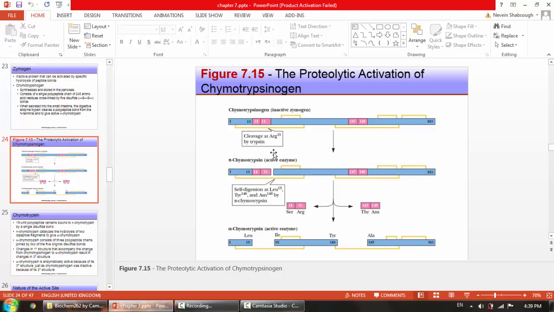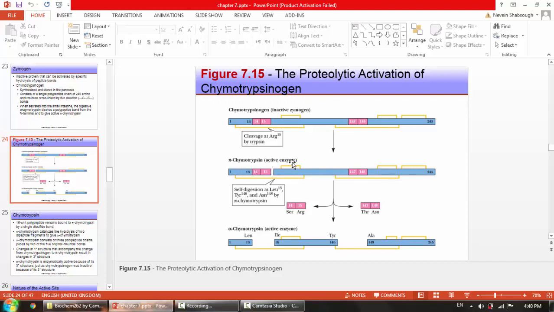It cleaves at the C-terminal of 2 amino acids, arginine and lysine. So it cleaves here on the right of arginine 15, the C-terminal side, and here you see a break. This is called pi-chymotrypsin.